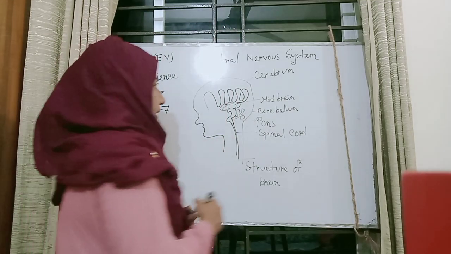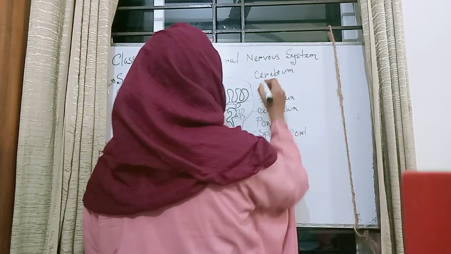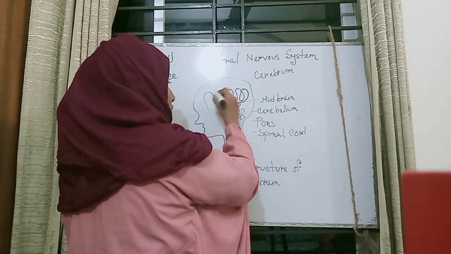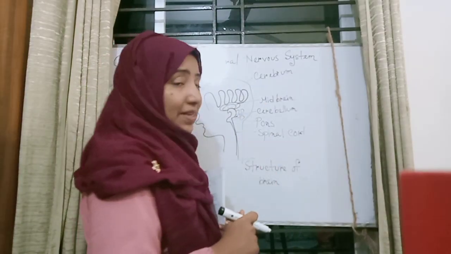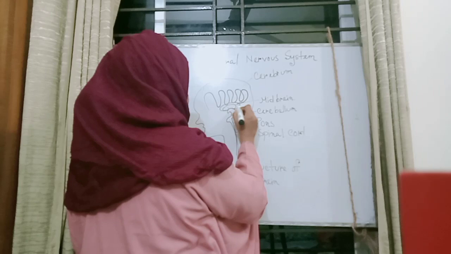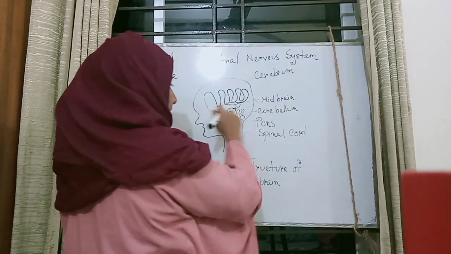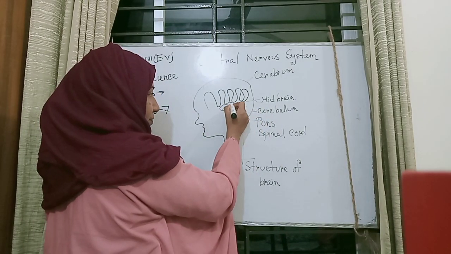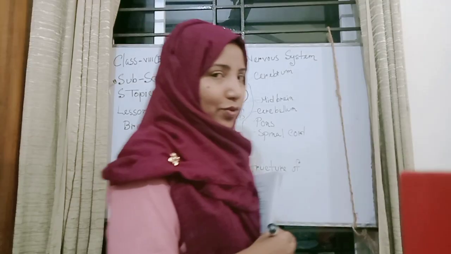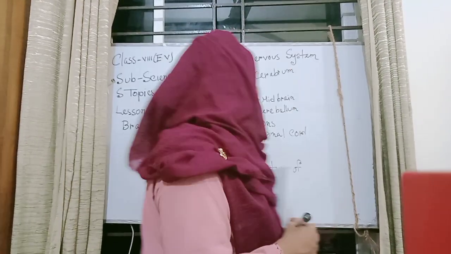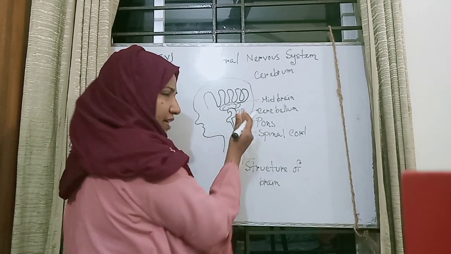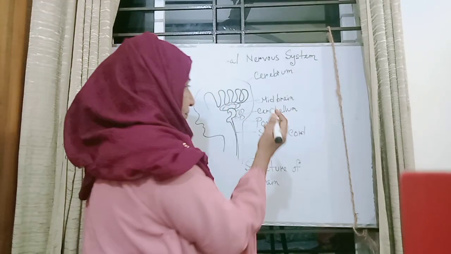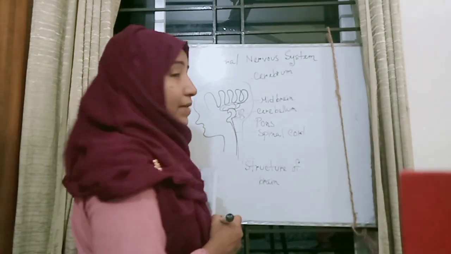Here's the human brain. The first structure is the cerebrum, this folded structure. The second structure is the midbrain. My dear students, please see the books and the figure. This is the midbrain, and this flower-shaped structure is the cerebellum.